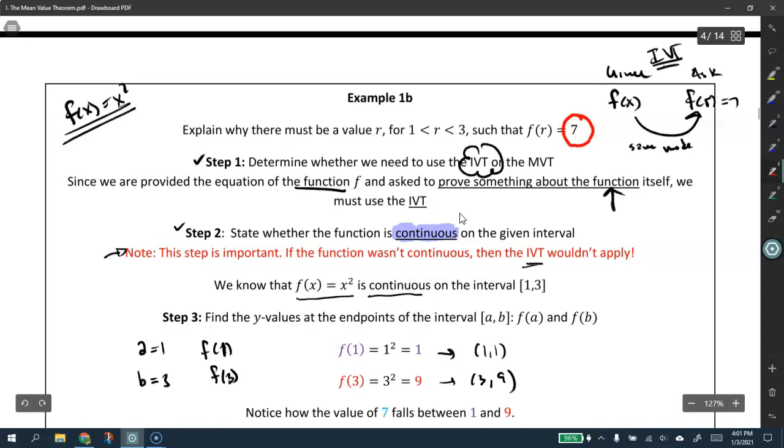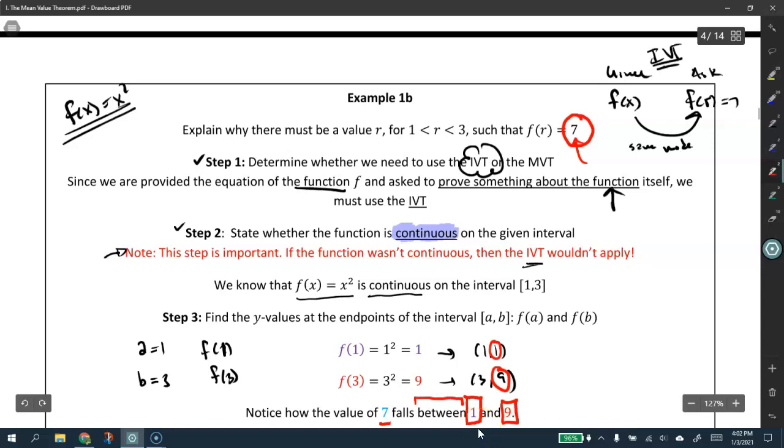I want you to think: the y value at 1 was 1, and the y value at 3 was 9. The theorem is all about realizing that the number 7, which is the one they're interested in, is actually between them. It is an intermediary of 1 and 9.